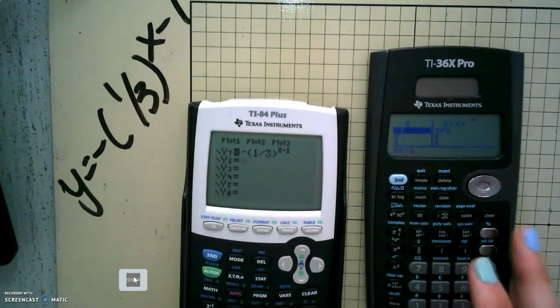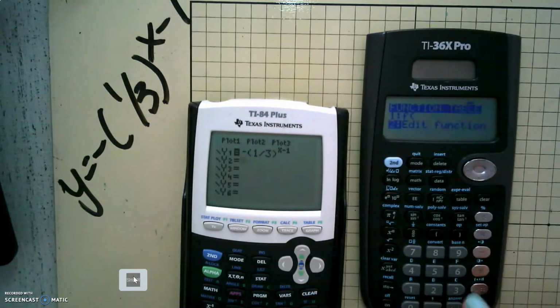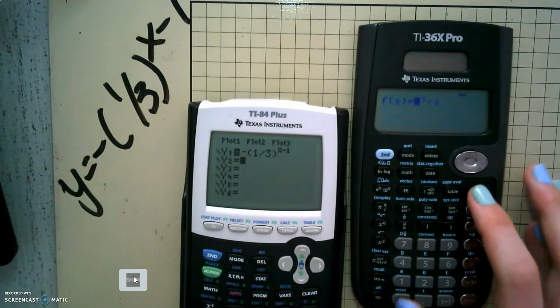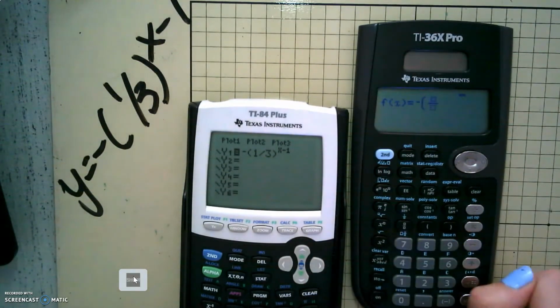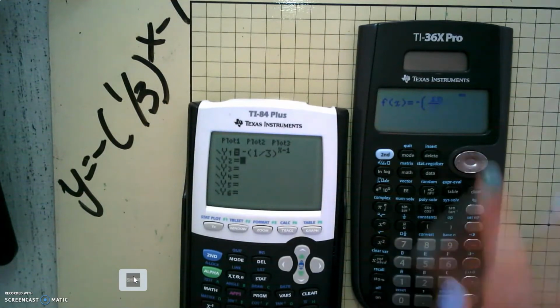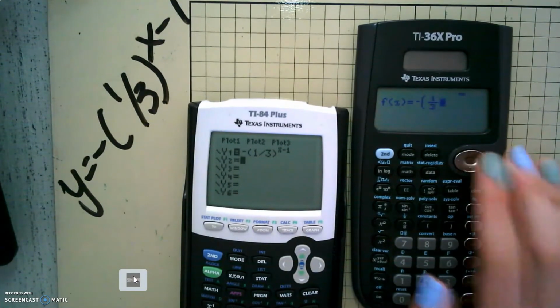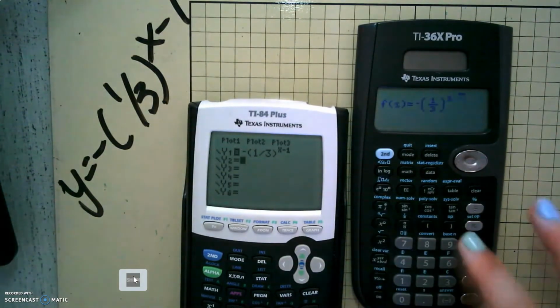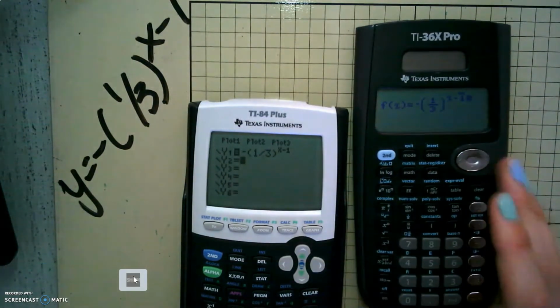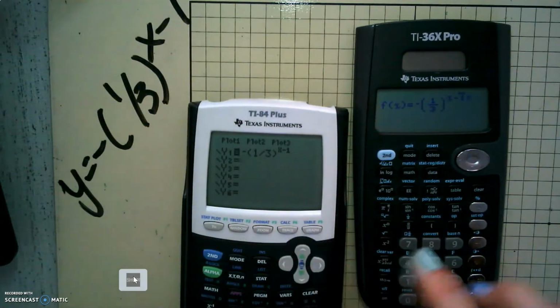On this calculator, when I go to the table edit function, I'm going to use parentheses still, but I'm going to hit the fraction button. Remember that floating fraction? 1 over 3. Close it. Raised to the x minus 1. Create these tables.